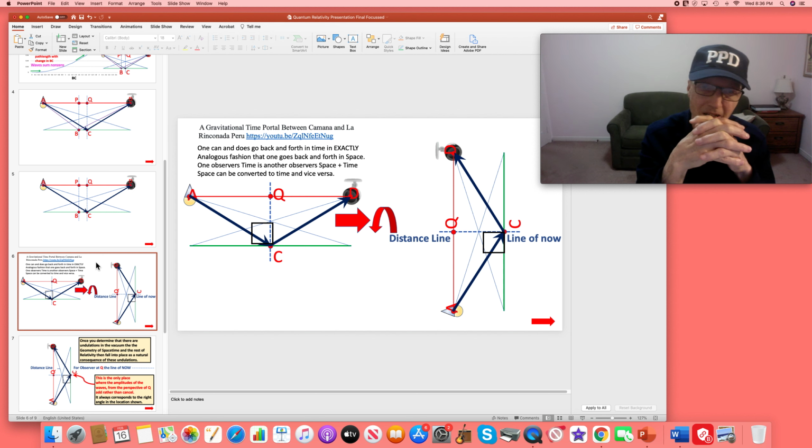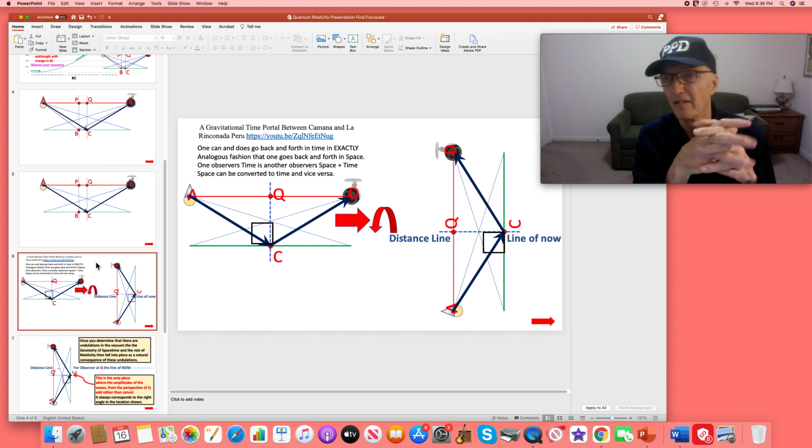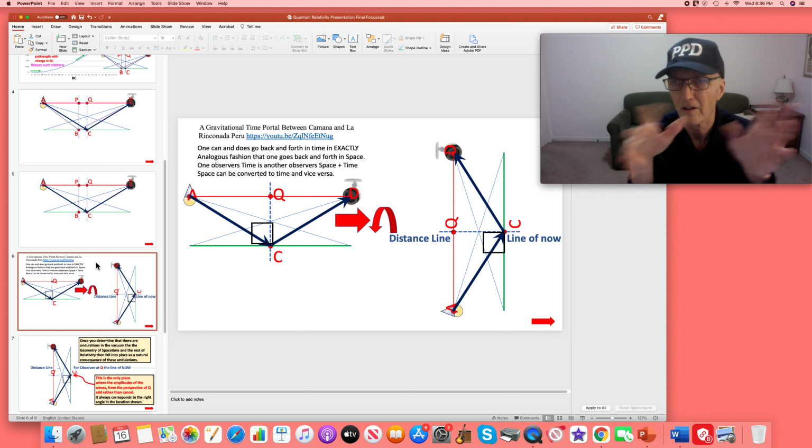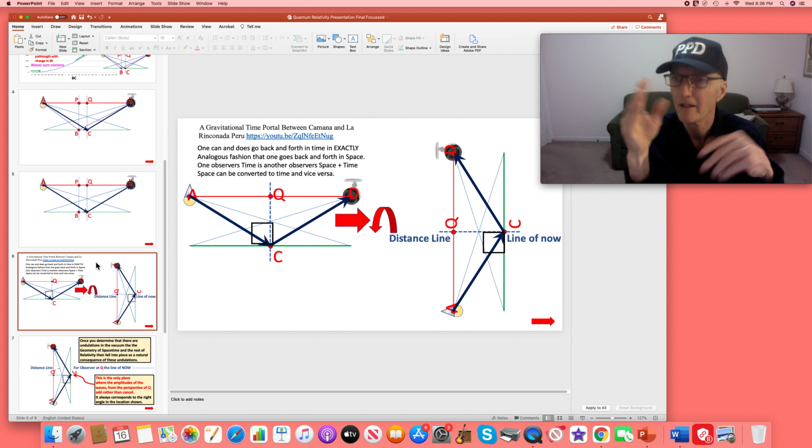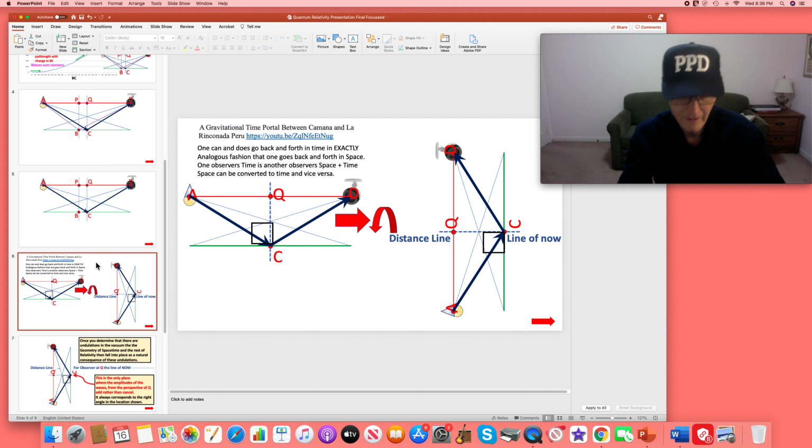But people like Minkowski and Einstein said that we live in a four-dimensional continuum of space-time. There's no longer an independent time and an independent space. Physicists still today do all the math, and I'm sure they get the right answers. A lot of them are renowned physicists. But they say that, in spite of all that, we can go back and forward in space, but we can't do that in time. Well, I made a particular presentation.